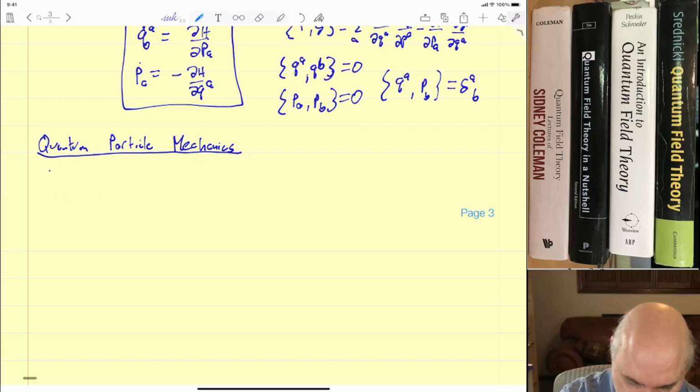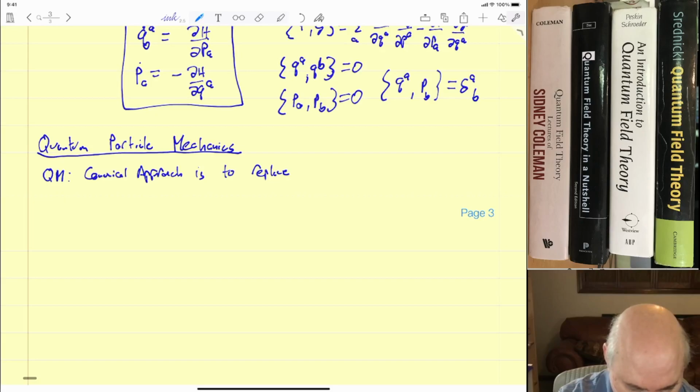So basically in QM, the canonical approach is to replace Poisson brackets by commutators.